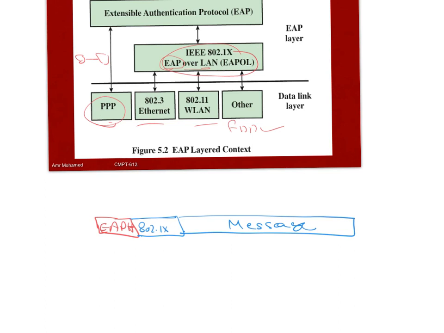And this actual message depends on the authentication server that we're using. If it's TLS, this message will have a format. If it's IKE version 2, this message will have a different format. But we don't care because we have some unified headers that allow us to exchange this message regardless of whatever authentication mechanism or authentication server we use. In case of PPP, this header does not exist. That's it.